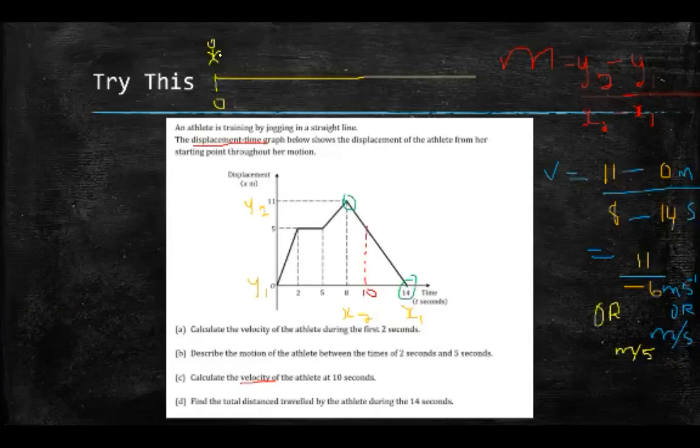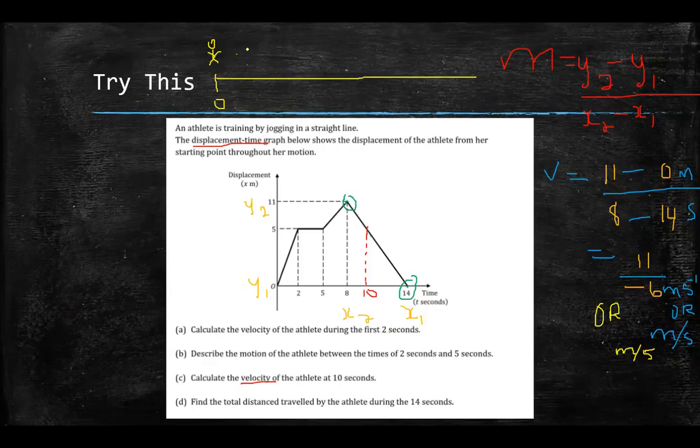She starts at 0 and she's moving this way, and around here she stops to take a little break. She's tired. Then she continues. Let me use a red. So she's moving, then she rests. She takes a little break for 3 seconds, from 2 seconds to 5 seconds.